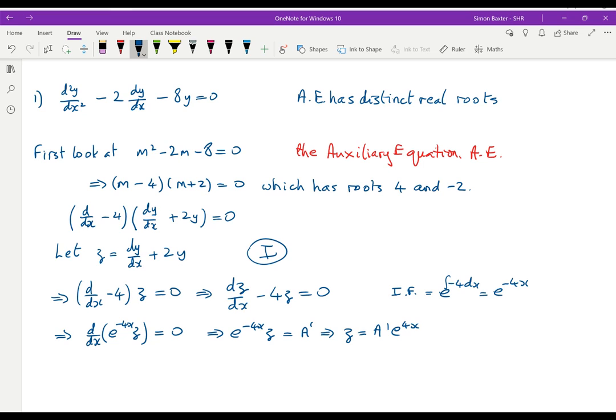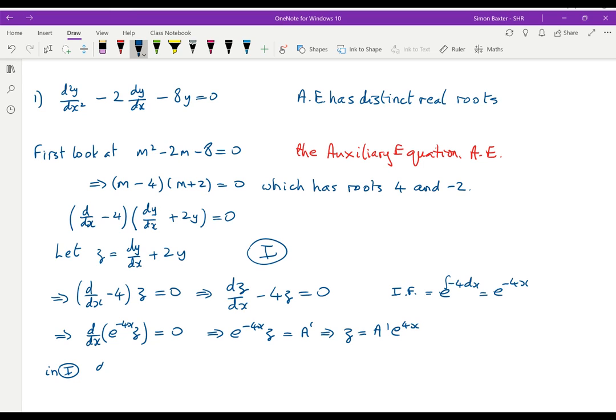Well, let's substitute that now in 1. So going back up to look at 1, dy by dx plus 2y is equal to z, which is a dashed e to the 4x.